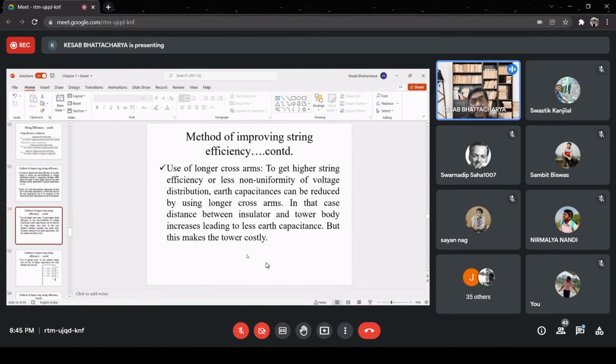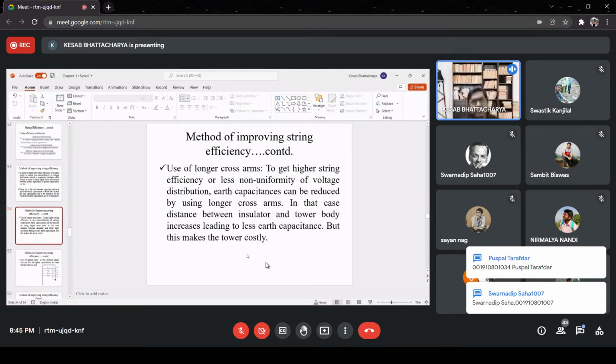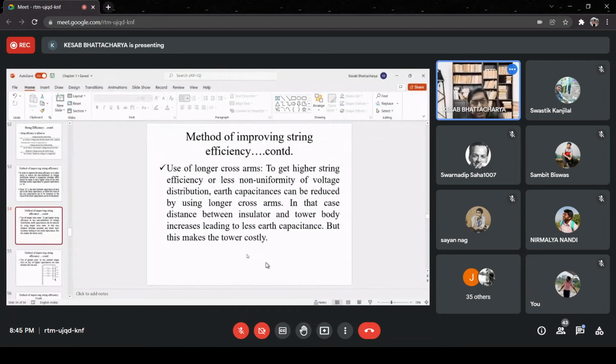To increase the distance between the tower body and the pins, we have to use longer cross arms of the tower. Do you understand this point? Yes. But once you go for longer cross arms, the cost of the tower increases. So though this provides a solution, it is not an economically feasible solution. So we have to go for other methods.